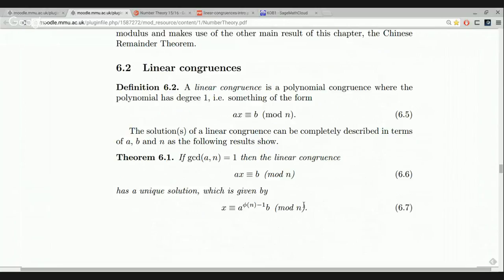So you multiply both sides by it, and you get one unique solution modulo N.